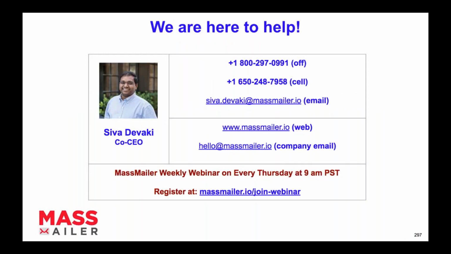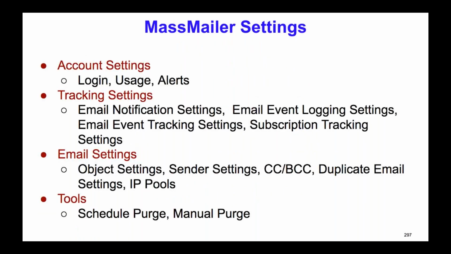All right. So today I plan to go through the MassMailer setup screen and the settings that you typically see, such as the account settings, login usage and alerts, and the tracking settings.